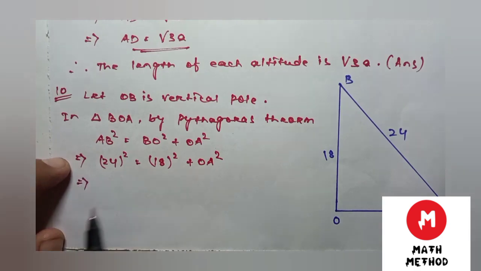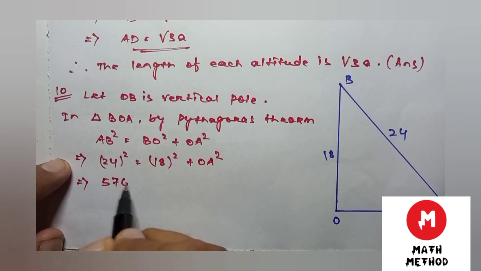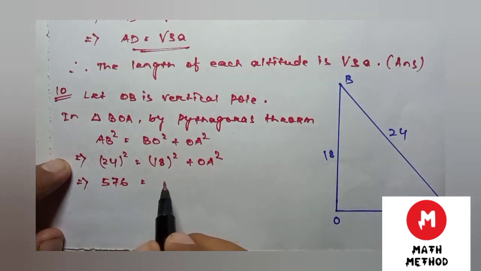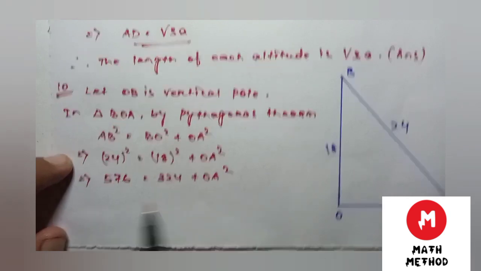Now this implies 24 whole square is our 576 is equal to 18 square, our 324, plus OA square.